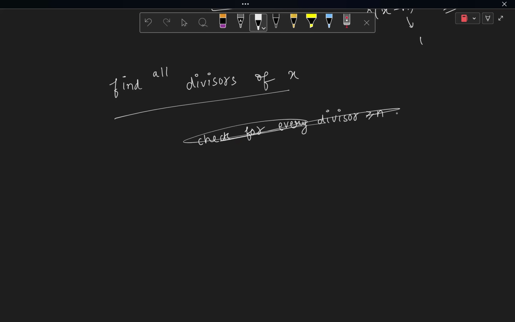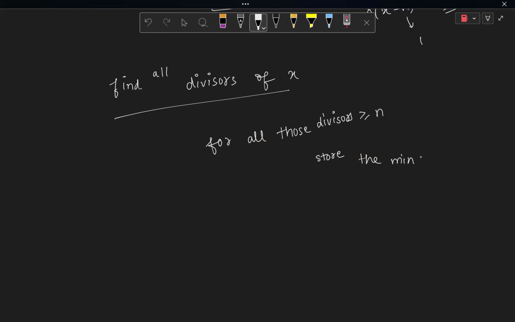So for all those divisors of x which are greater than or equal to n, just store the min of all of them.